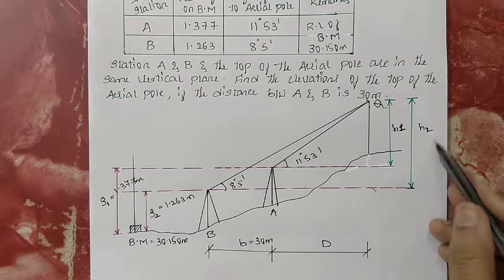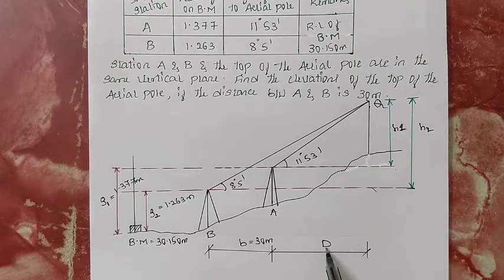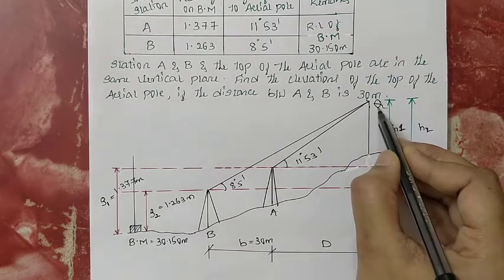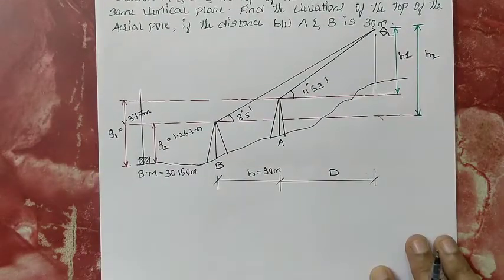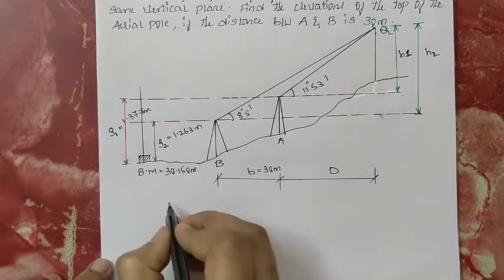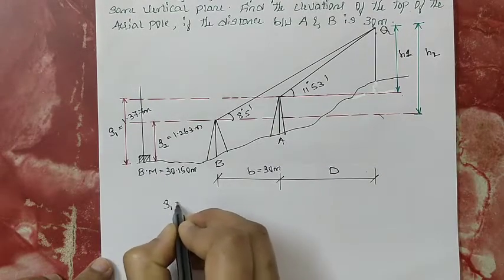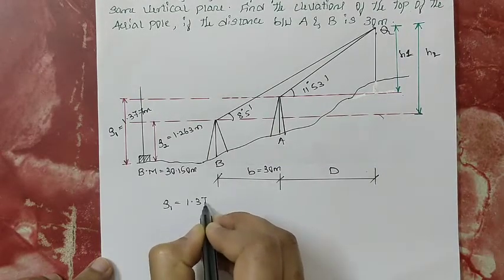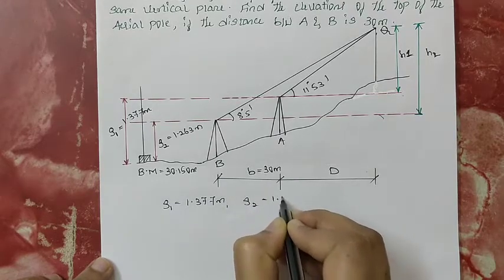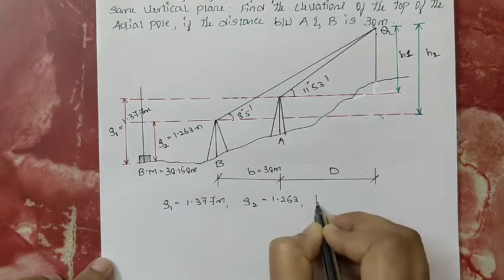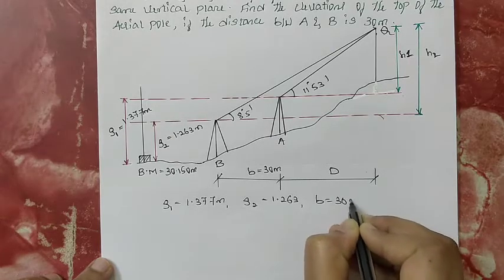Similarly, it is H2. Your aim is to calculate the distance D and the elevation of this Q point. First write down the data, what they have given. That is S1 equals 1.377 meter and S2 equals 1.263 meter, and the distance between A and B is 30 meter.